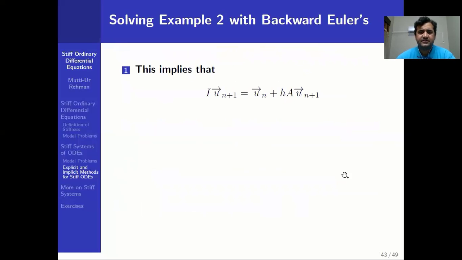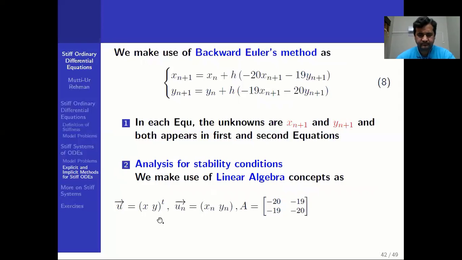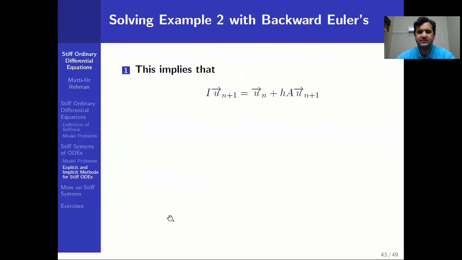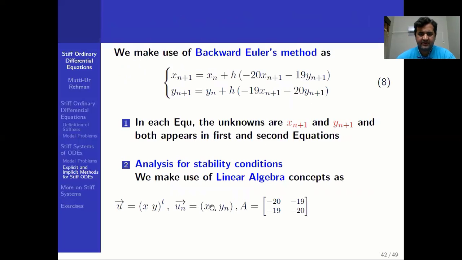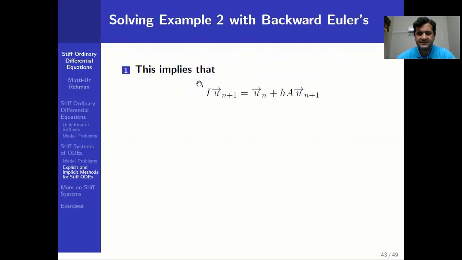Now, the point is, what do we want basically? Well, I want that un plus 1, this vector, must have asymptotic behavior as n is very large. Okay, so I can write down this system in vector form as follows.